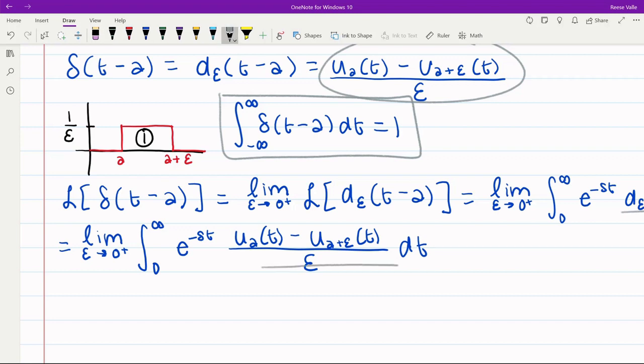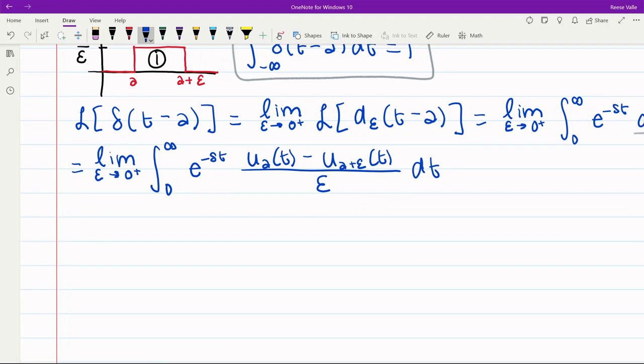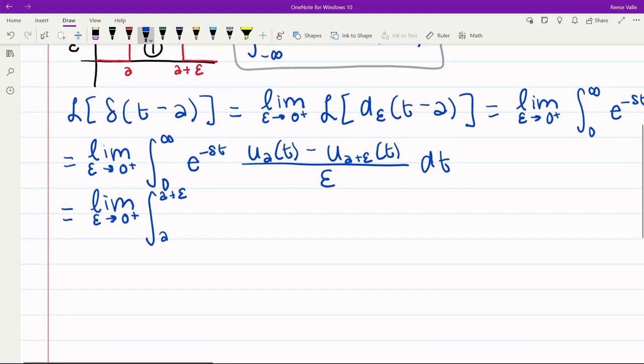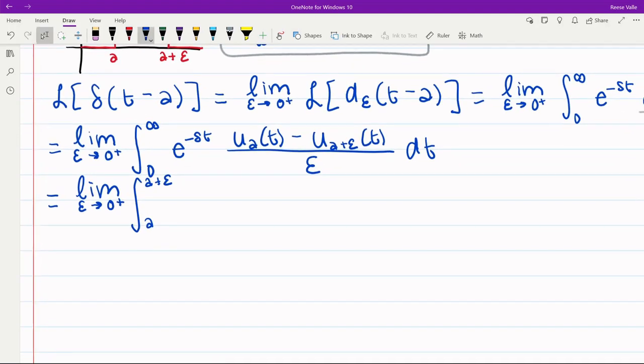So we rewrite: the limit as epsilon approaches 0 from the positive side of the integral from a to a plus epsilon, because those are the only bounds from 0 to infinity that really matter, of e to the negative st times 1 over epsilon dt.